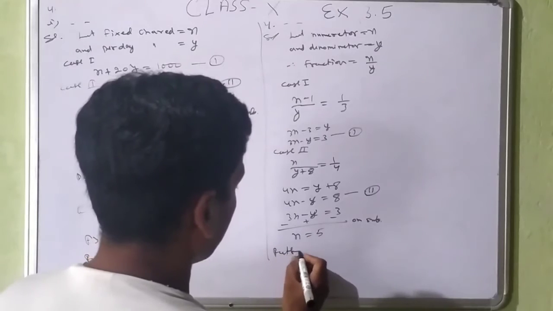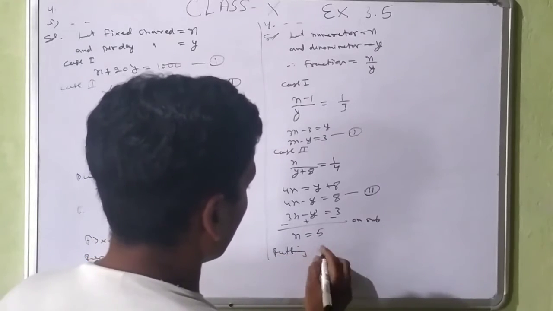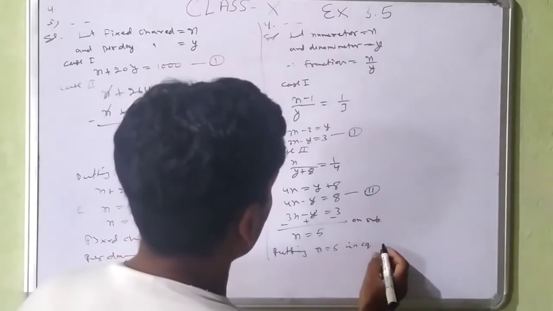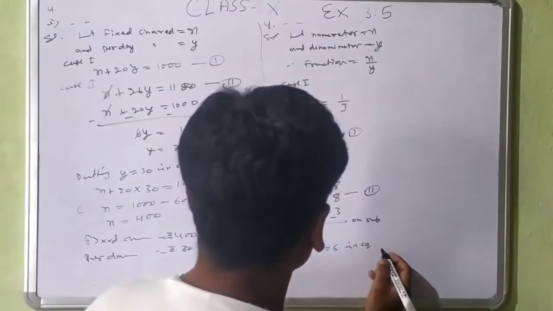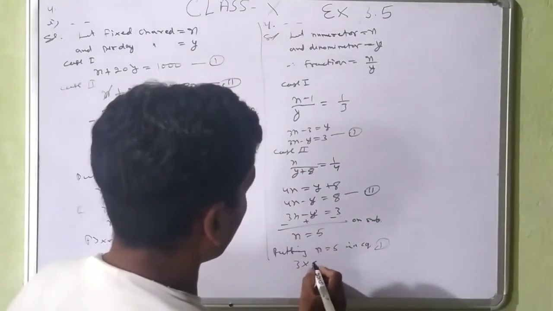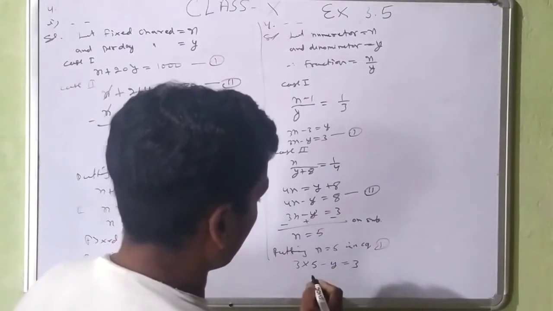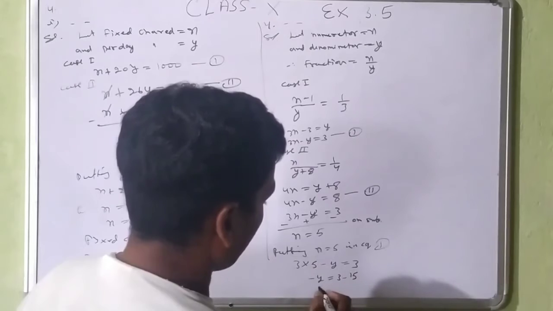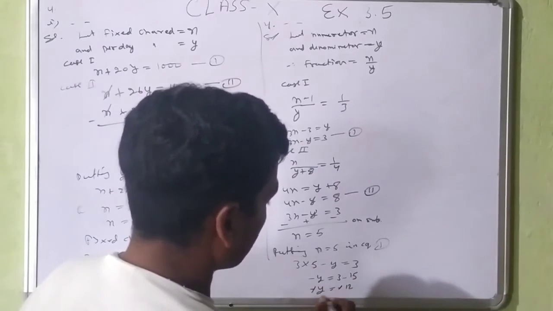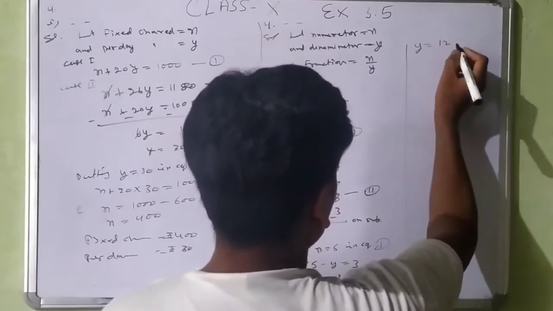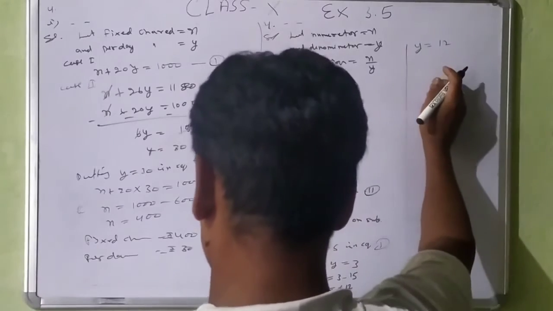Putting x is equal to 5 in equation first, 3 into 5 minus y is equal to 3. So minus y is equal to 3 minus 15, so minus y is equal to minus 12. Cancel the minus, so y is equal to 12.